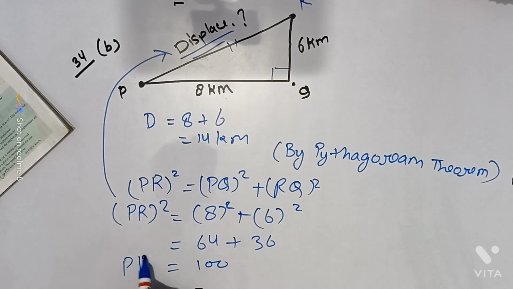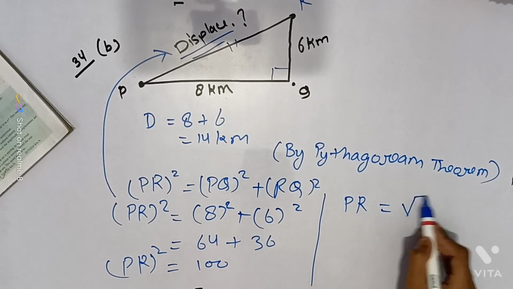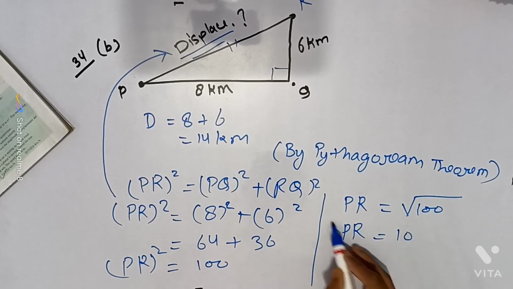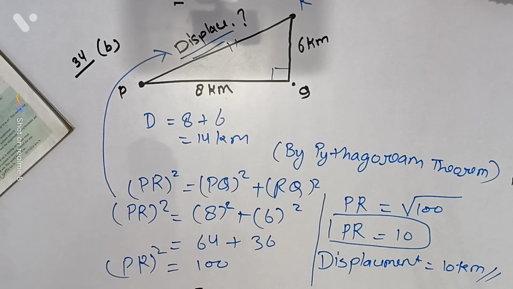So PR square equals 100. Now friends, PR equals under root 100. So PR equals 10, means the displacement traveled by the ant was 10 kilometer. Okay friends, this is the answer of our numerical 34th B part.